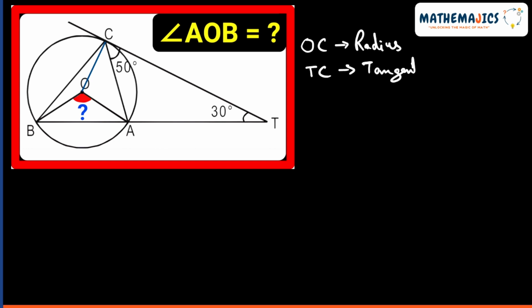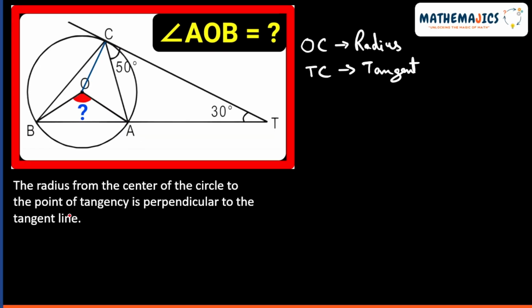Now we will be using one property related to tangent and circle. Let's see what is that property. So that property says the radius from the center of the circle to the point of tangency is perpendicular to the tangent line. What does that mean? That means OC will be perpendicular to PC.